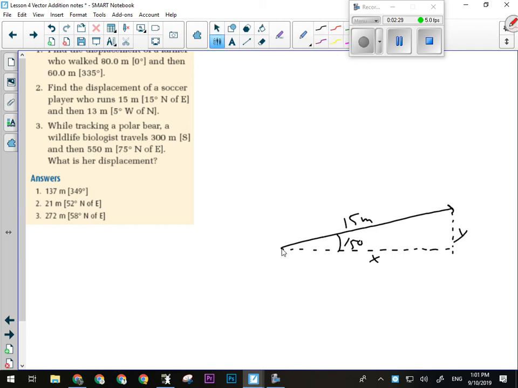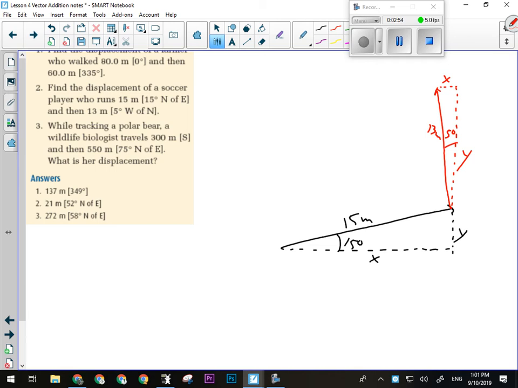My second vector is almost the same length, but it's 5 degrees west of north. So I'm going to draw myself a reference line that's north. I'm going to make it very narrow because it's only 5 degrees. Okay, 13 meters long, 5 degrees. Here's x, here's y. Right, everybody okay with that?